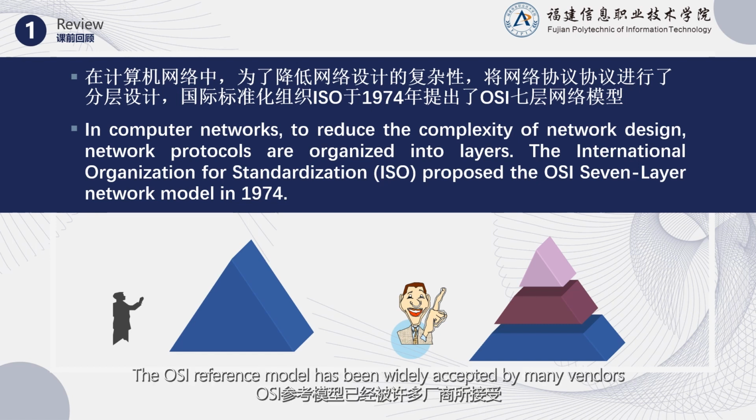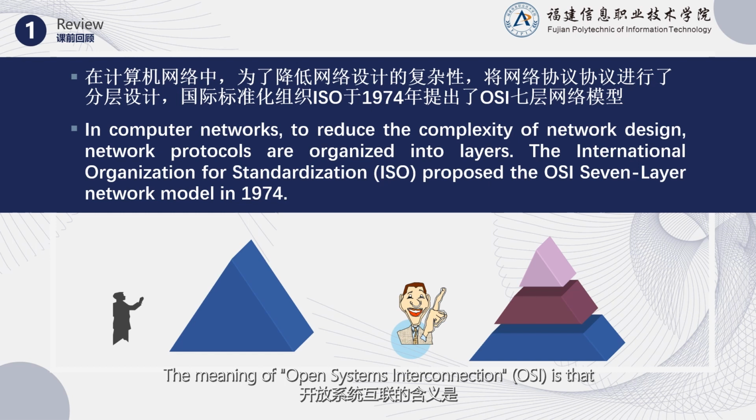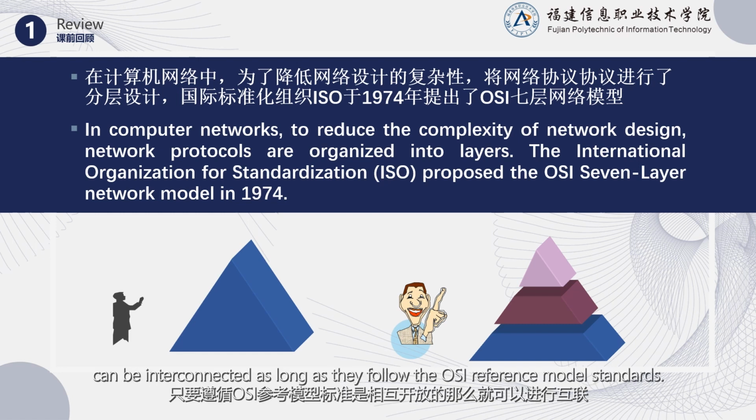The OSI reference model has been widely accepted by many vendors and has become the standard that guides the development of networks. The meaning of Open Systems Interconnection, OSI, is that any two different network systems can be interconnected as long as they follow the OSI reference model standards.